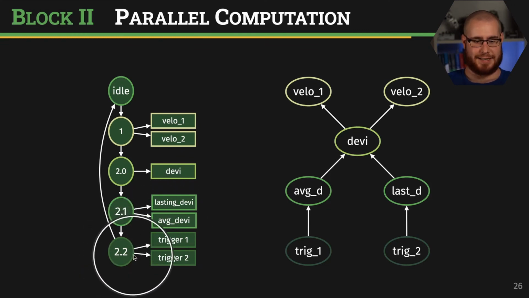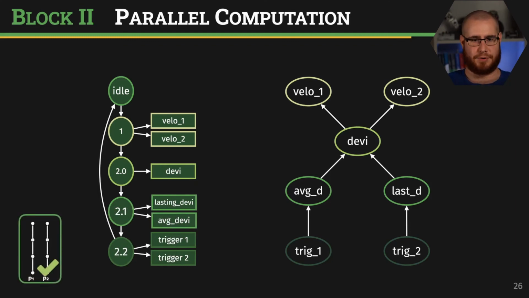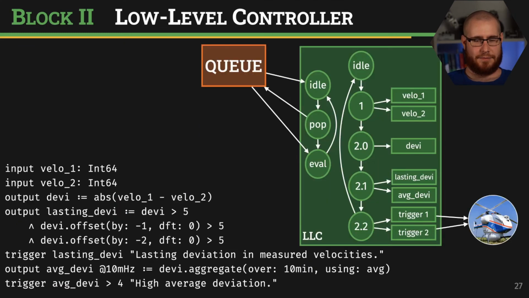And in the very last stage, we compute both triggers at the same time. So this way we can utilize hardware parallelization quite well. Okay, and for our running example, this then looks like this. We have these different stages, and the trigger stage here, those 2 triggers are then connected to the system and provide feedback if necessary.